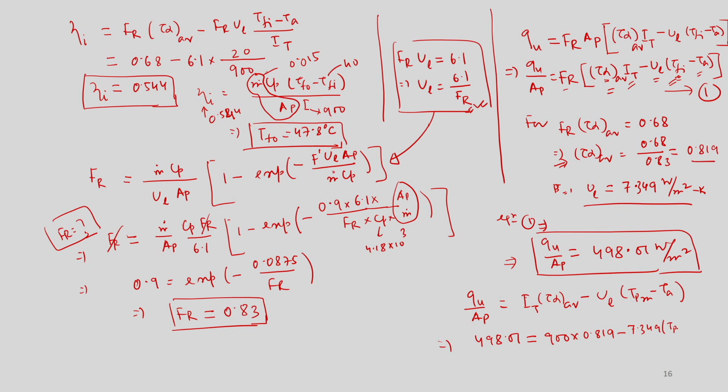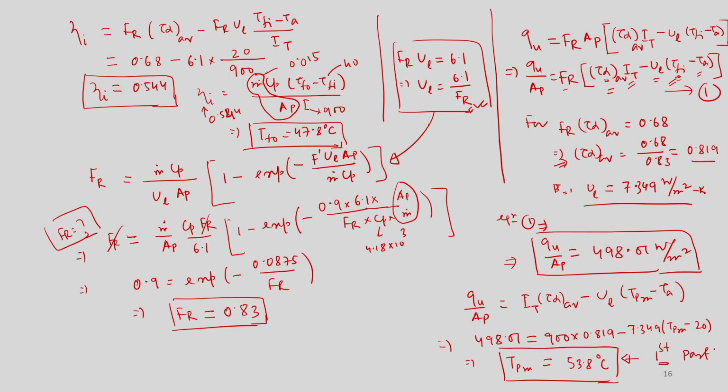Now, we need to calculate TPM, and TA is also known to us, its value is 20. So, on calculation we will get TPM value is equal to 53.8 degrees C.